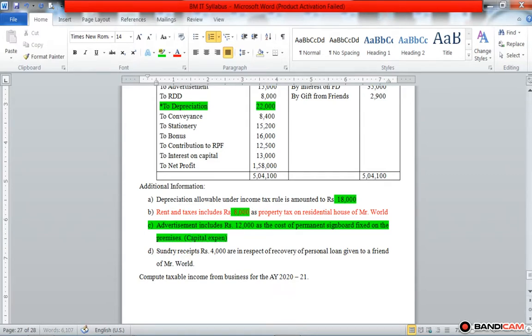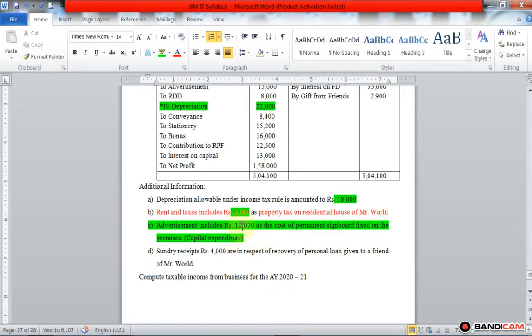Capital expenditure is not allowed as a business expense. It is an expenditure, but it is a capital expenditure, and capital expenditure is disallowed.